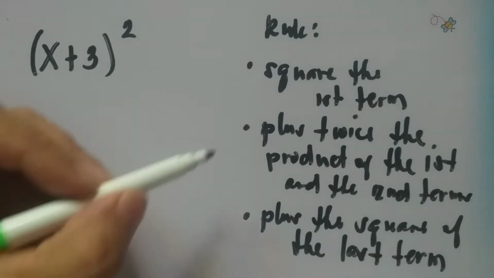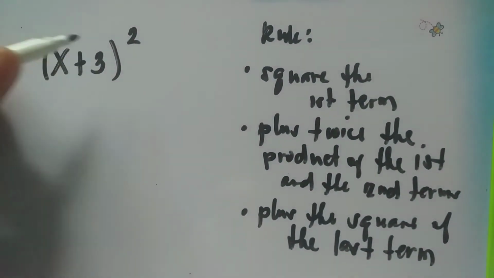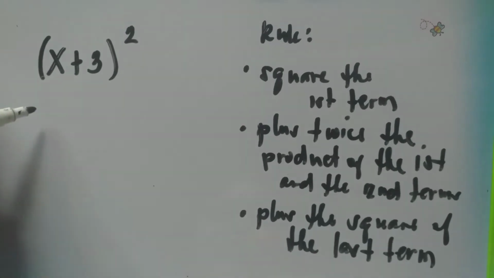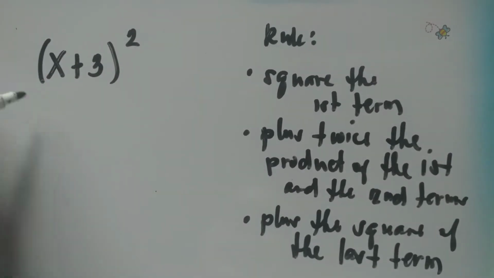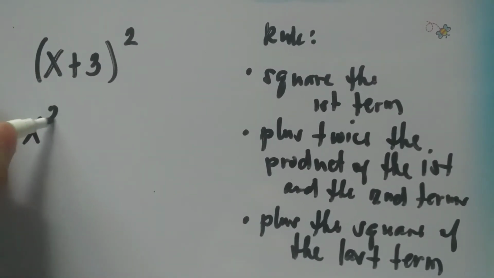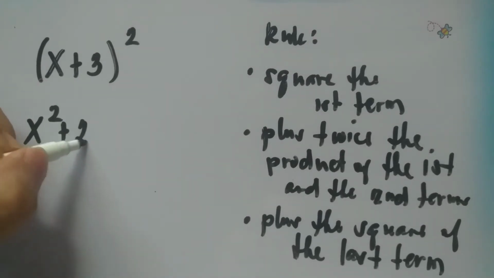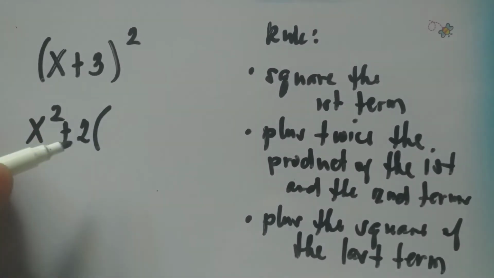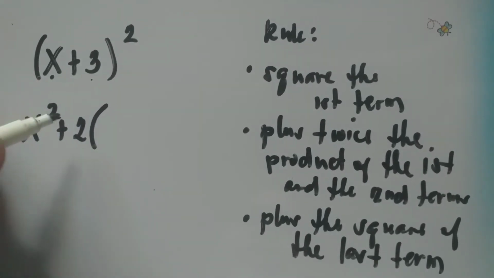Okay, so let us apply the rule. x plus 3 squared. So we have to first square the first term. So x squared plus twice. So 2 times the product of the first and the second terms.